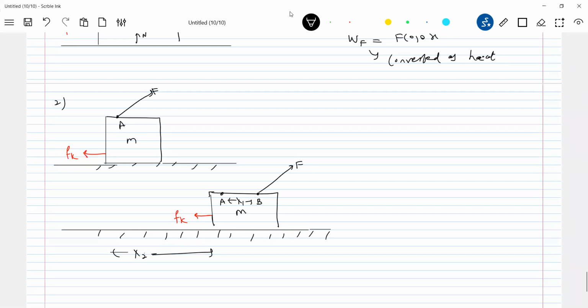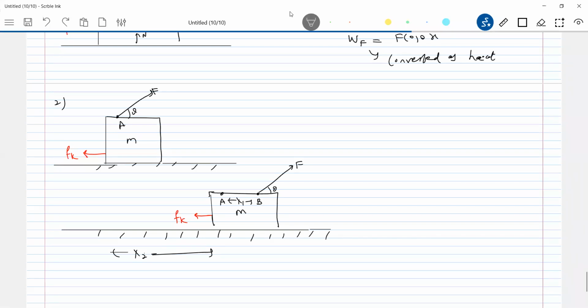The angle theta remains the same. Now take a notebook and try to push it by applying force at an angle. With respect to the notebook, your hand should move and also the notebook will move. All these are very practical things. So the body can be a notebook here.